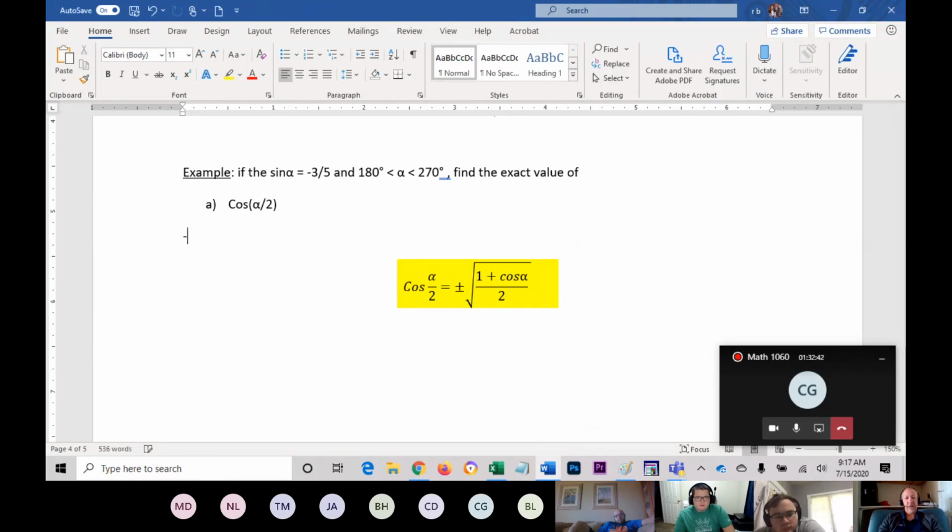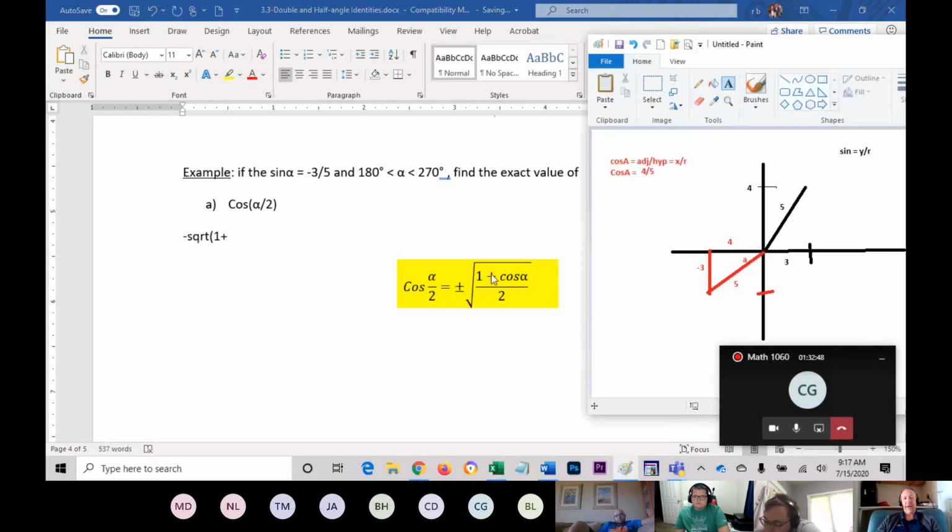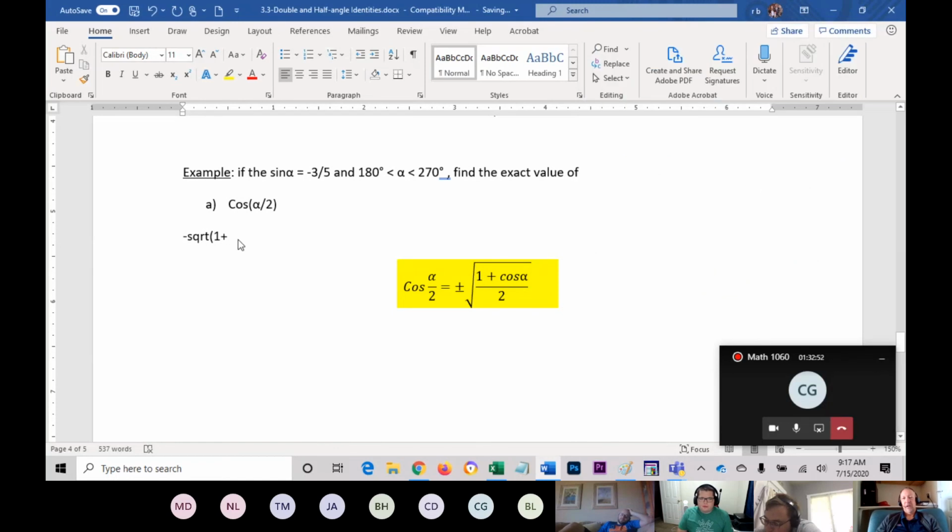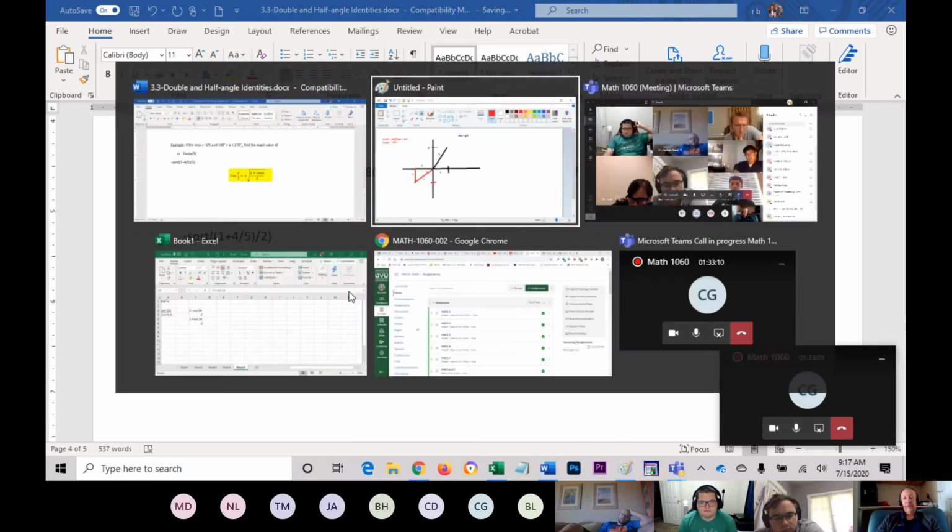This is going to be the negative square root of 1 plus the cosine of alpha, and the cosine of alpha in this case is 4/5, all over 2.